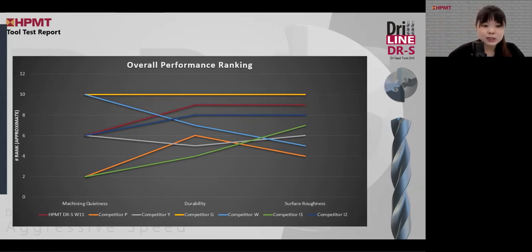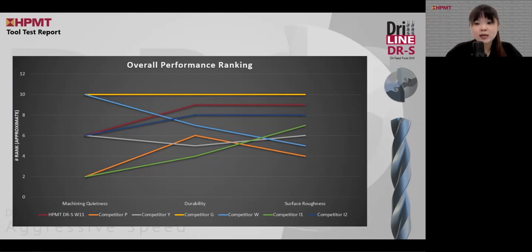In terms of machining quietness, it ranked in the middle, while in terms of durability, our DRS ranked second and is consistently ranked second for surface roughness as well. So we are consistently giving a good performance. In conclusion, referring to this overall performance ranking, we can see that our DRS is capable of performing well and competing with all those very famous brands in the global arena.